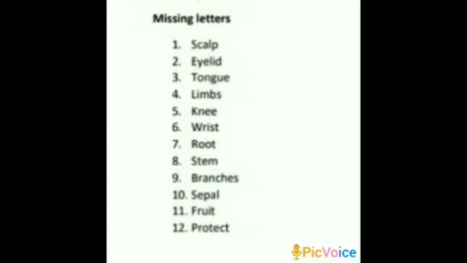Next one wrist, W-R-I-S-T, wrist. R-O-O-T, root. S-T-E-M, stem. Then next one branches, B-R-A-N-C-H-E-S, branches. Then sepal, S-E-P-A-L, sepal.